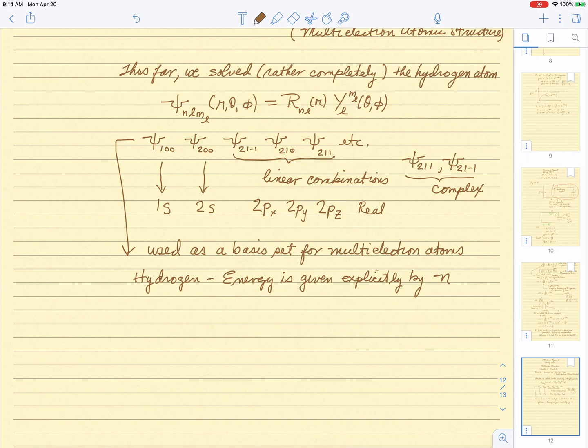We saw the spin orbit interaction, and so there are other interactions that need to be looked at in order to give a more refined picture of multi-electron systems.